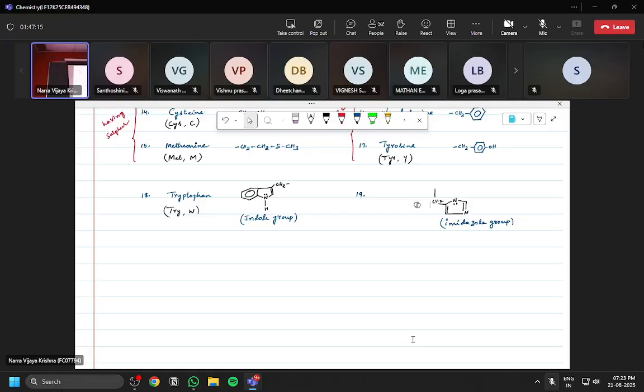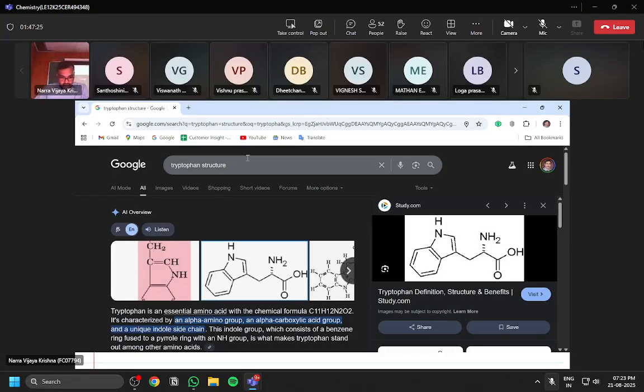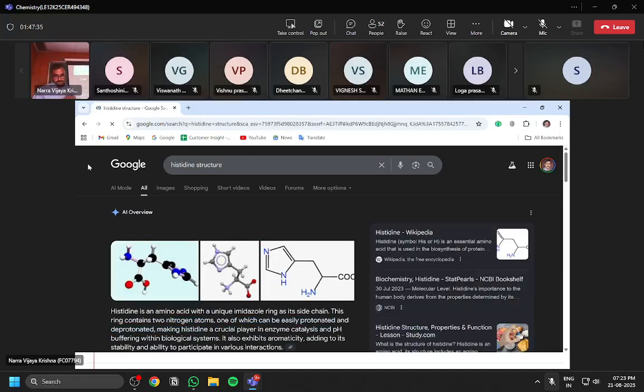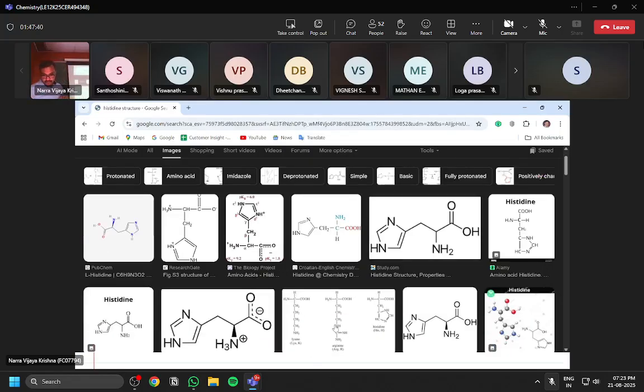Carbon chain is adjacent to it. Correct? Correct only, na? What is it? Histidine, na? So, no, man. Observe. Structure seems to be different. It is on double bonded nitrogen adjacent carbon.